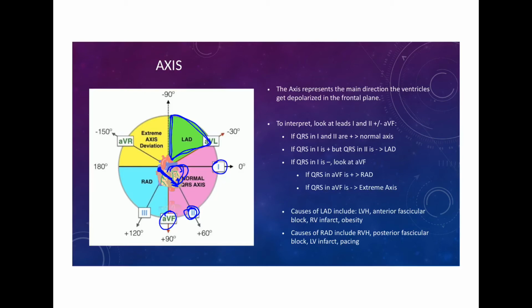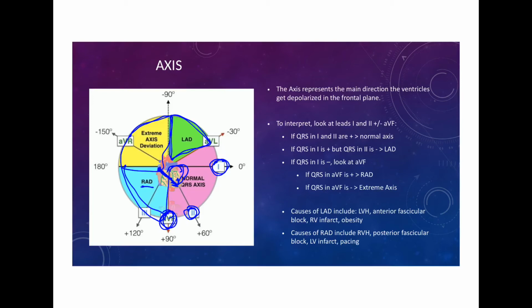If you have a negative QRS in lead 1, then things are shifted more on this side, and you can use AVF to determine whether you're in this quadrant or this quadrant. So if AVF is positive, you have a right axis deviation, and if AVF is negative, you have something called an extreme axis deviation.